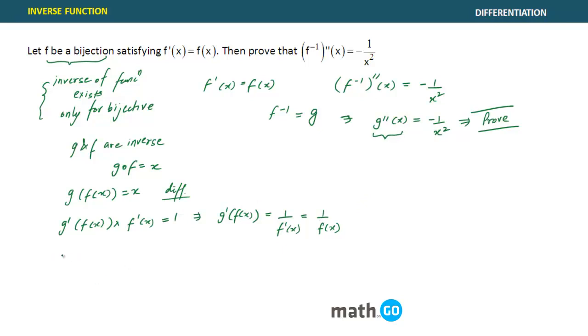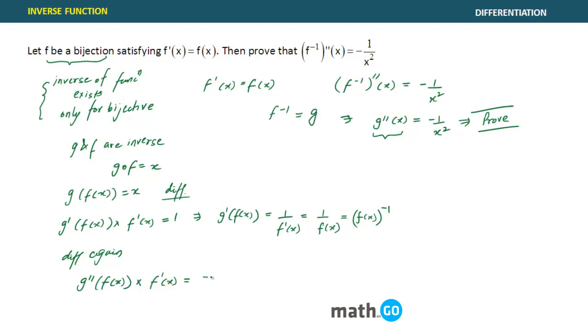So let's differentiate again this particular step over here. So this becomes g double dash f x, chain rule, f dash x is equal to, this would be what? Yes, you will treat it as, let's say I'll write it here only, f x raised to power minus 1.